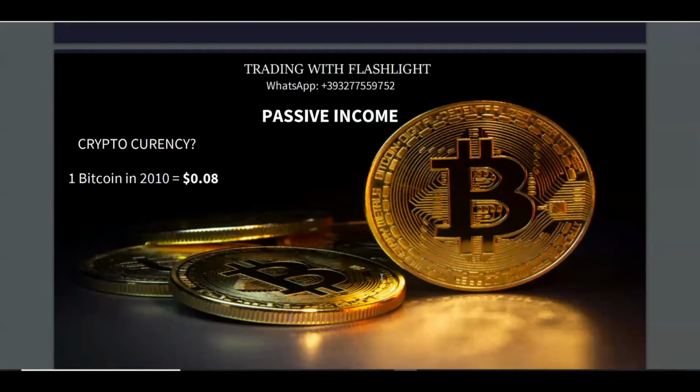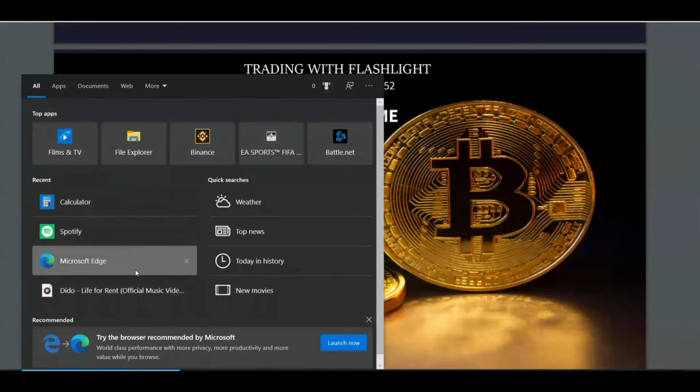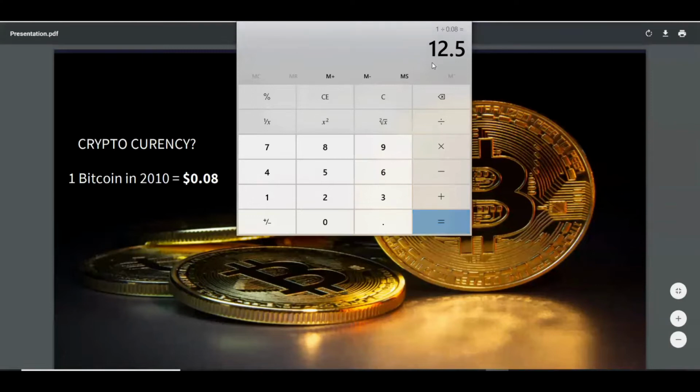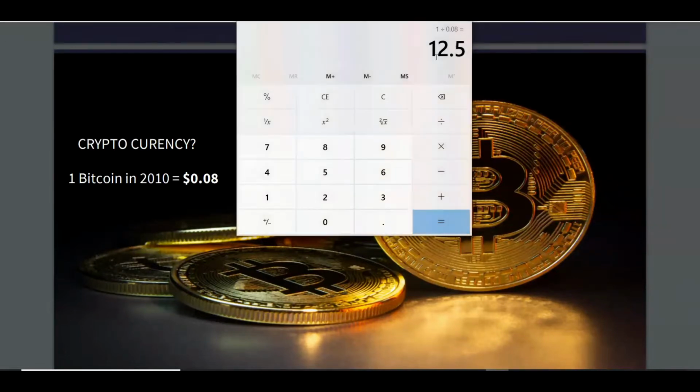It means that if you were having, let's say $1, if someone was just having $1, how many Bitcoins will the person buy? Divided by 0.08, the person could have this amount, 12.5 Bitcoins. So those who bought Bitcoins in 2010 have 12.5 Bitcoins.